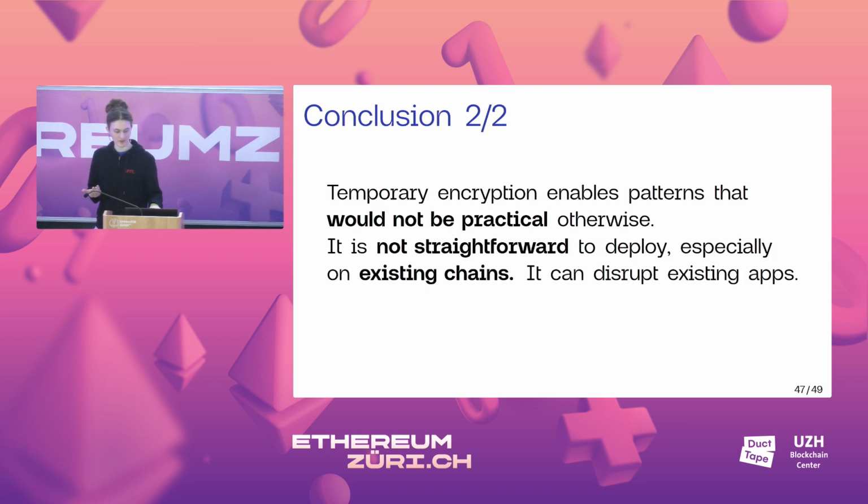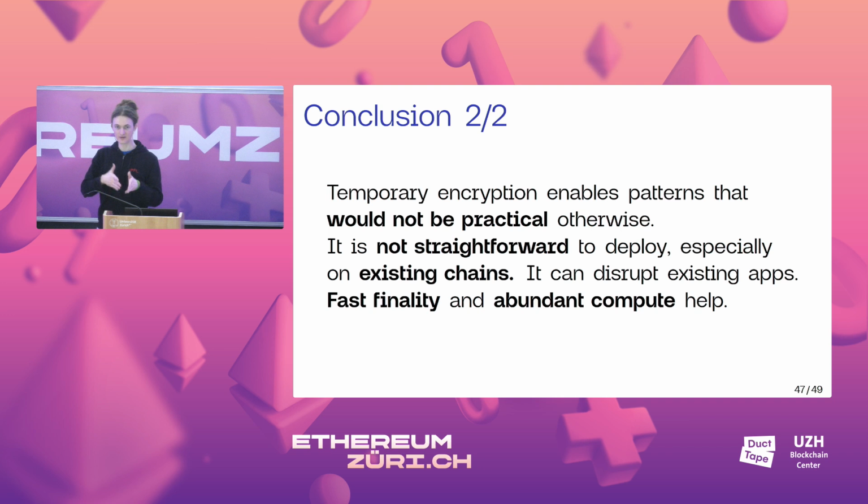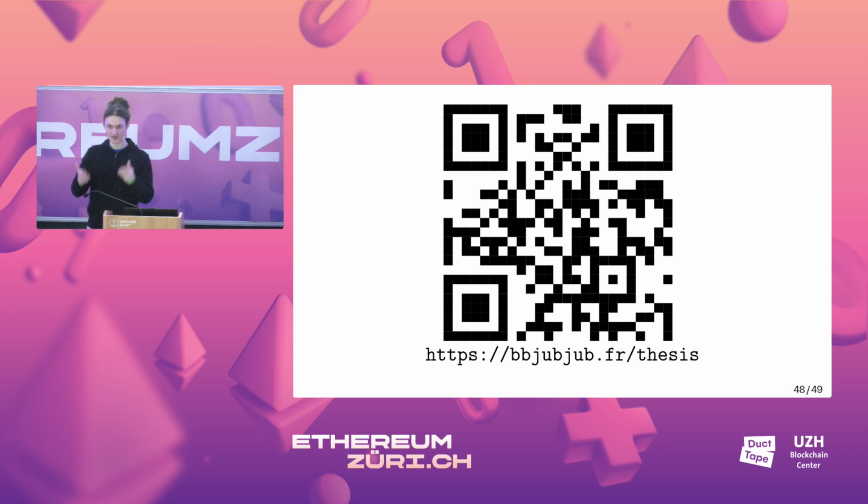But there are some drawbacks when it comes to implementing, especially on existing chain. Two things that can help us would be abundant computation so that the gas is not that much of an issue, and fast finality so that the execution delay can be lowered. Now, that's it. I will link to you the full report from my thesis, and I am awaiting your questions.